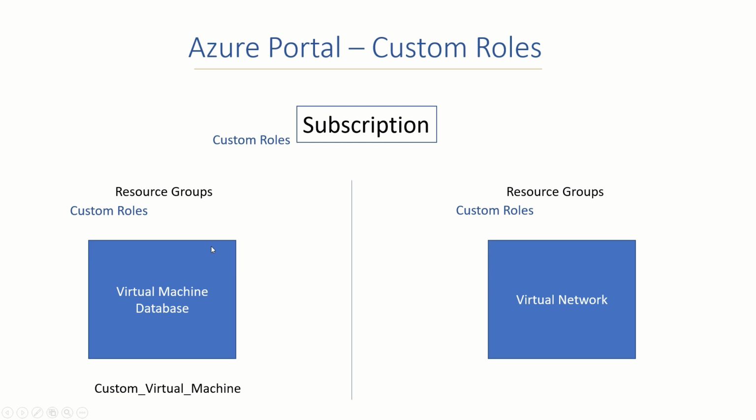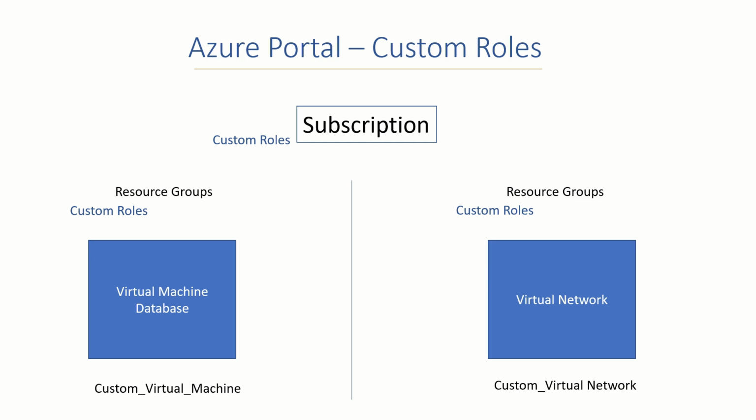In a similar way, we can create another role named custom virtual network. This will be available at this particular resource group and will not be available on the first resource group because we have scoped it to the second resource group.